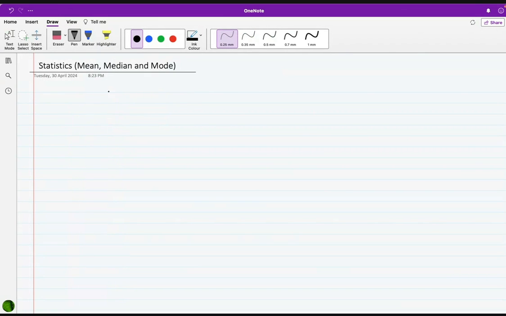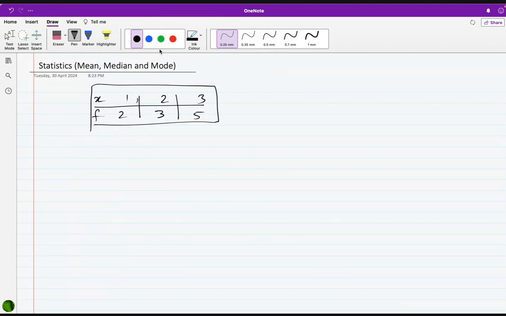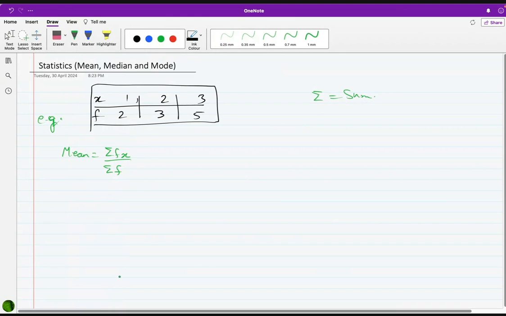Okay, so when we have tables, let's say we have values 1, 2, and 3, and we have frequency 2, 3, and 5. So how do we find mean? Formula for mean is summation fx over summation f. This sign means sum.